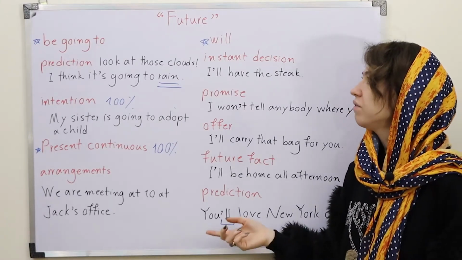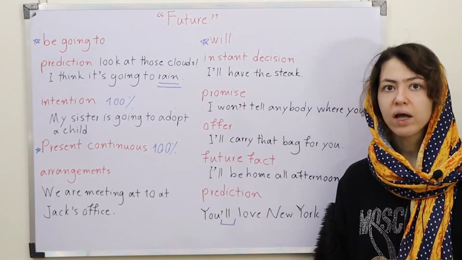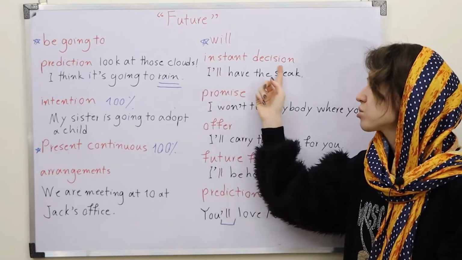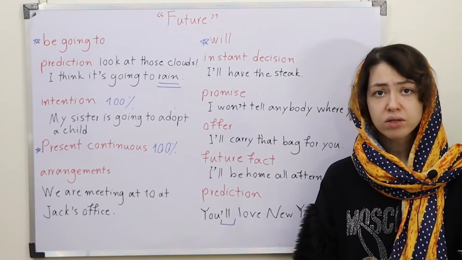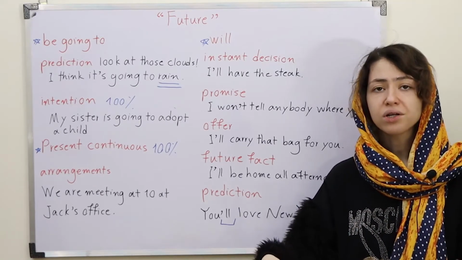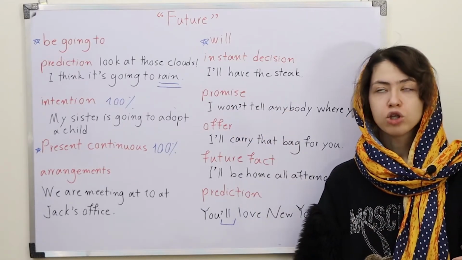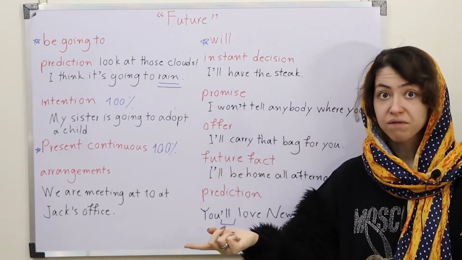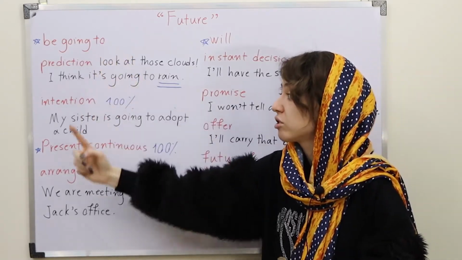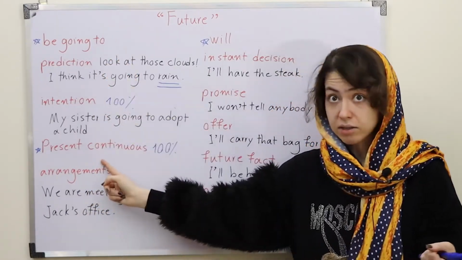Now, we are going to go for other usages of will. The first usage here is instant decision. For instance, you're at a restaurant, you want to order something. You can say, I'll have the steak. So you are not planning anything before. You're not deciding beforehand. It's not like going to and present continuous because they are based on plans.